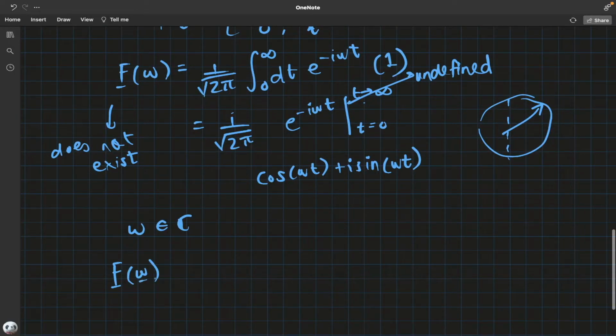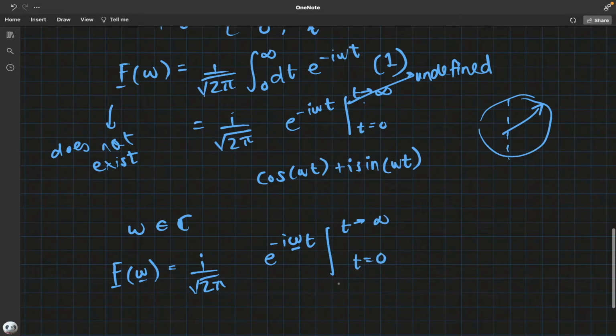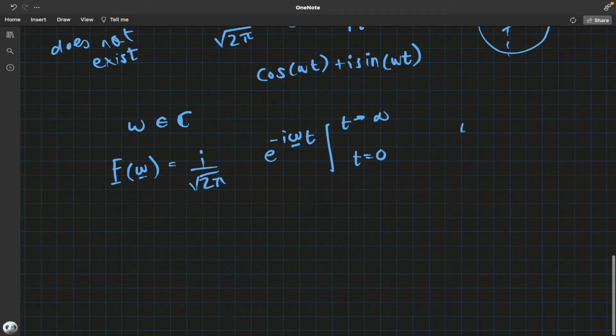So here's how, see, now I underlined it because it's complex. Our integration is going to look like this: e to the minus i omega t. Again, same evaluation here. Now since omega is complex, omega must by definition have a real part and an imaginary part, but it's multiplied with a negative i.